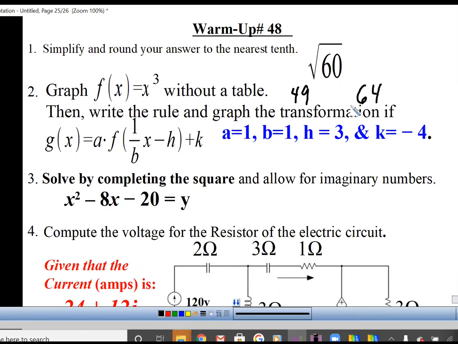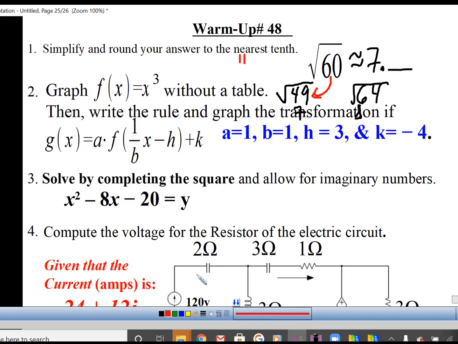Those two we can find the square root of. The square root of 49 is 7. The square root of 64 is 8. So the square root of 60, since it's in between both of them, is approximately 7 point something, because it's between 7 and 8. Okay, so what is 60 minus 49?